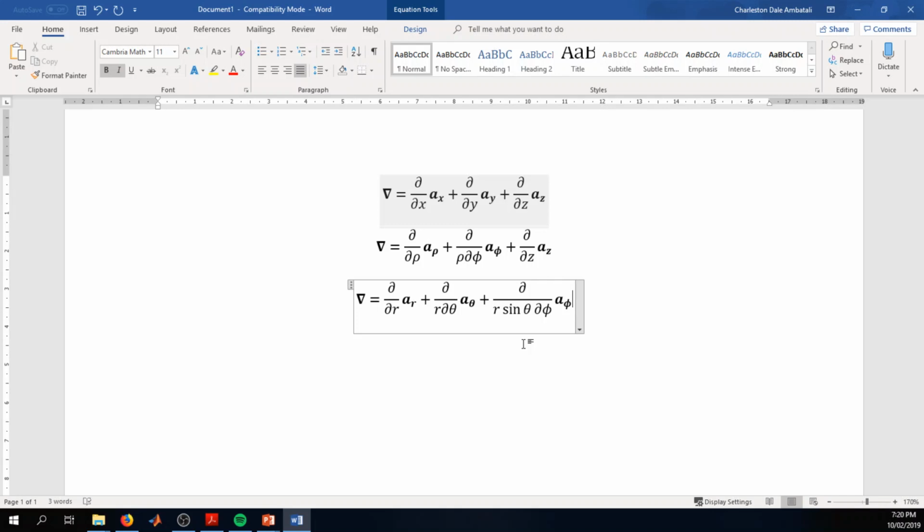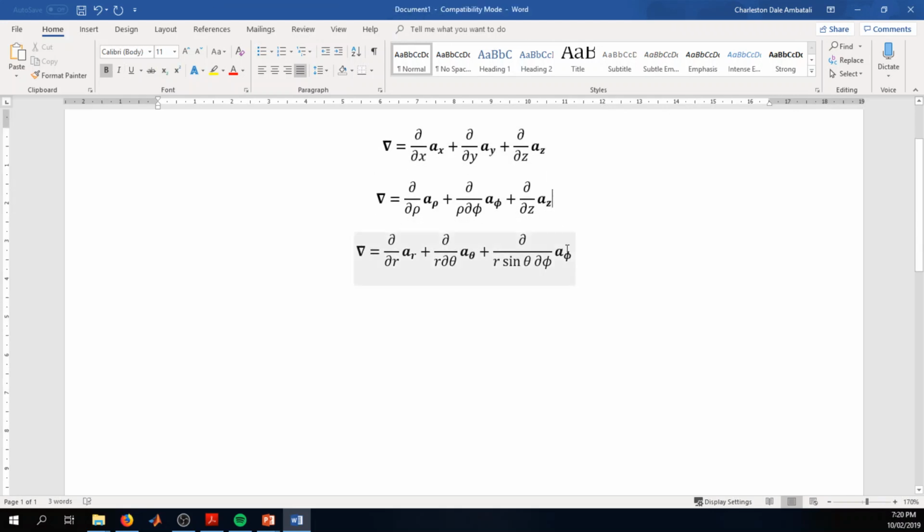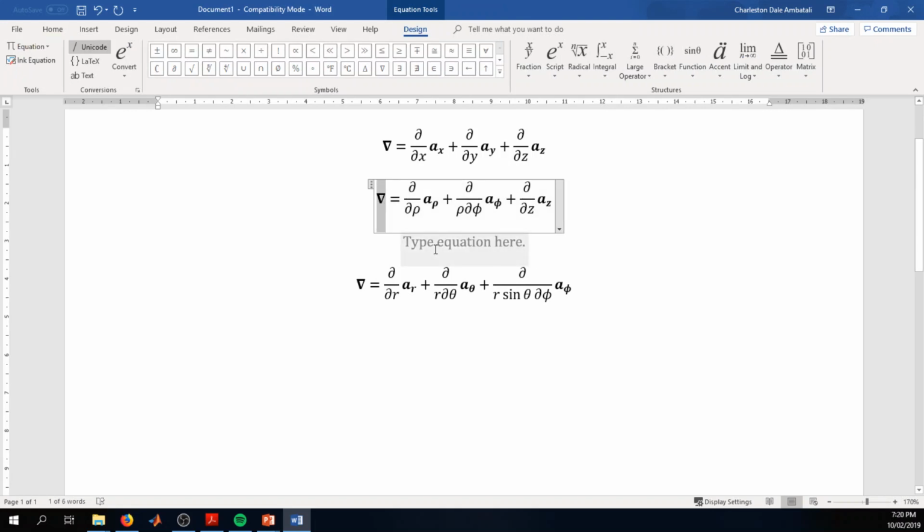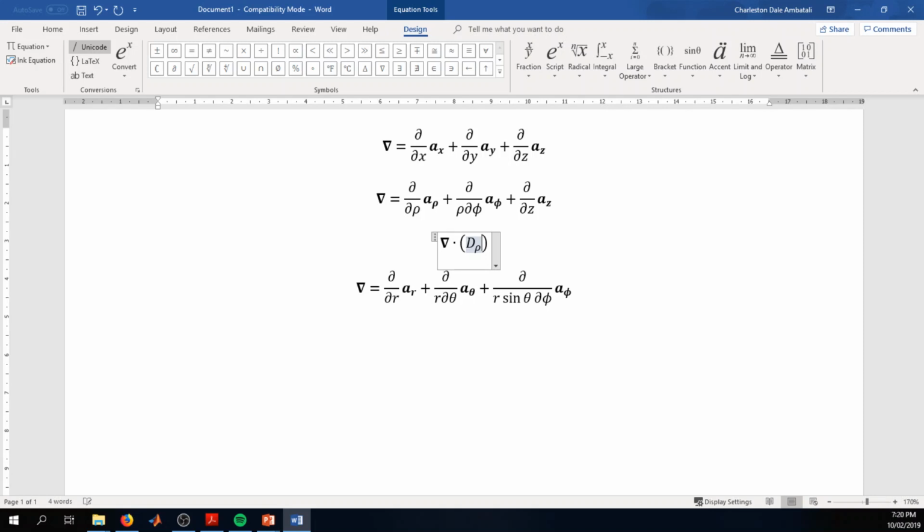Okay, so how does this work for us? We can use these definitions to derive the divergence in cylindrical and spherical coordinates. So let's consider the cylindrical coordinate. We get the divergence of a vector field that is expressed in cylindrical coordinates.